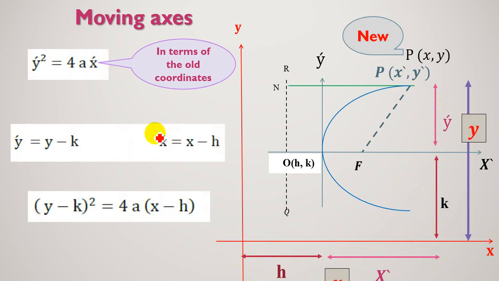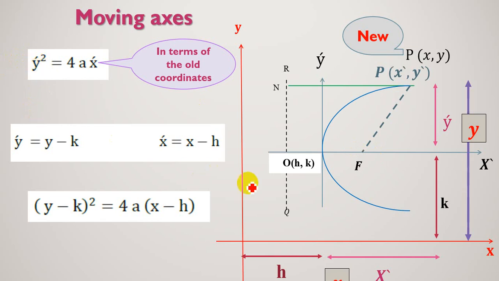See, right now our equation in terms of the new coordinates, y dash and x dash, will be this one, to the right of the directrix. So in this case 1, y dash squared equals 4a x dash, positive because x is positive. Now we want to change from y dash to y.